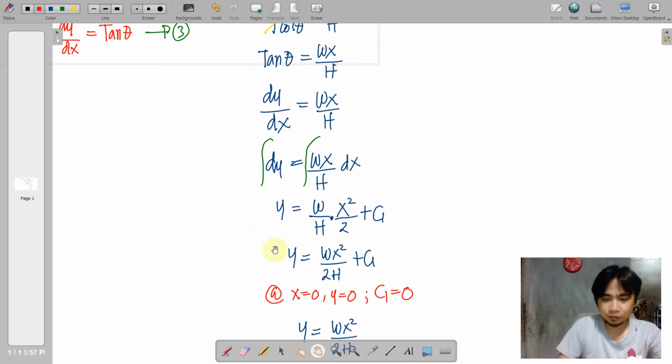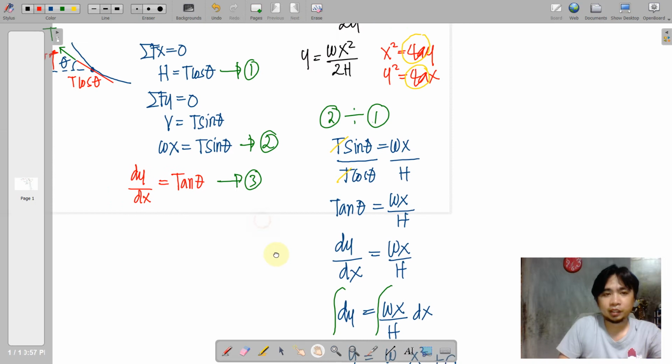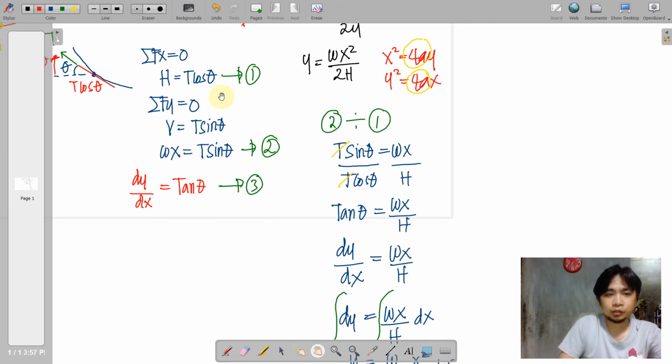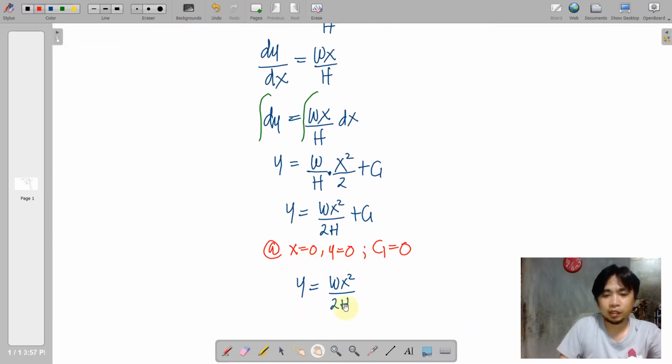Still, we can apply the basic equations 1, 2, and 3, but we can never conclude to this parabolic equation, since we have just derived this out of this boundary condition, wherein we start with the point of origin.